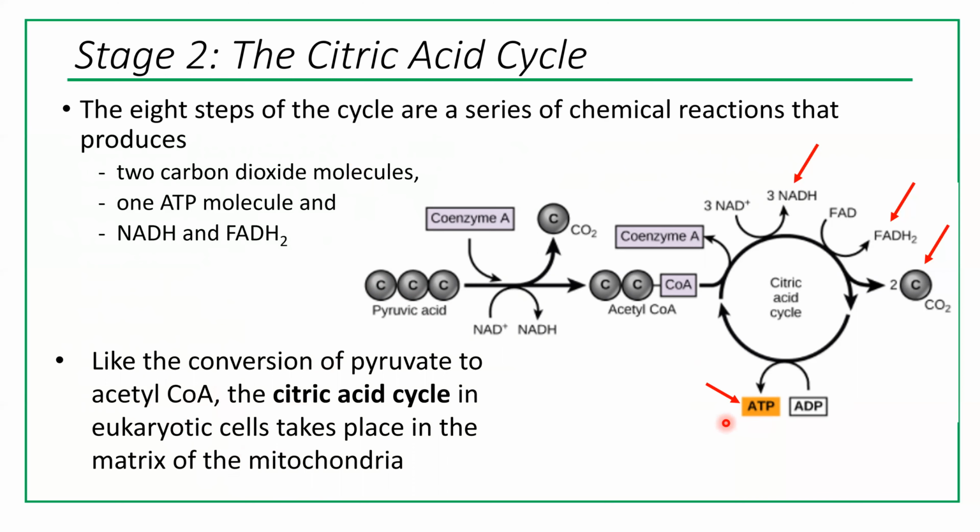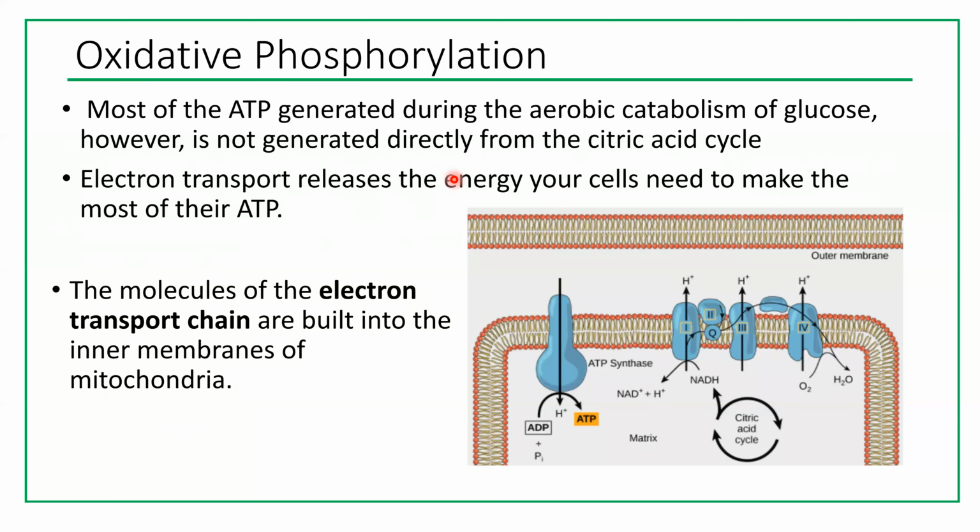That's still a very small amount. Most ATP generated during aerobic catabolism of glucose, however, is not generated directly from the citric acid cycle. Electron transport releases the energy the cell needs to make most of its ATP.